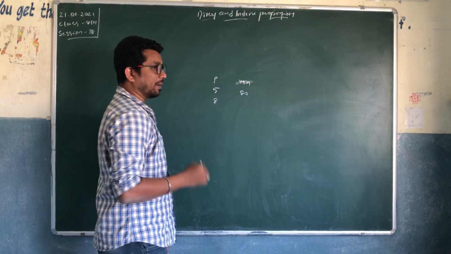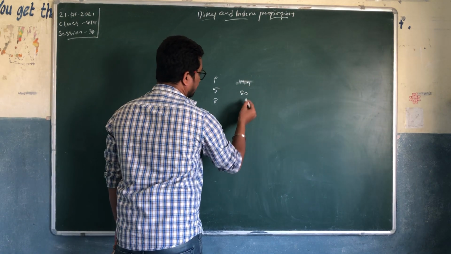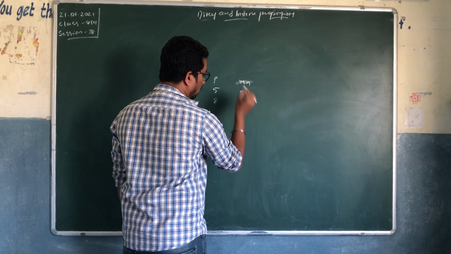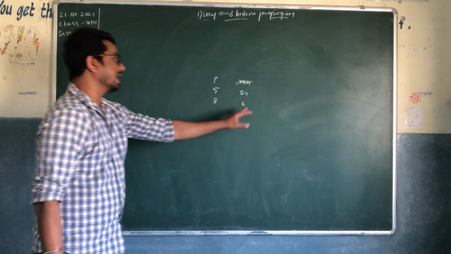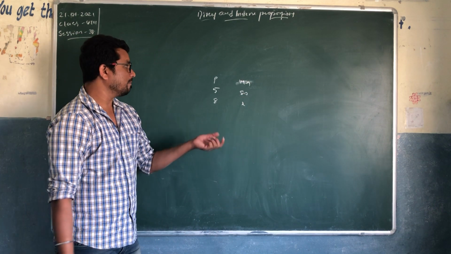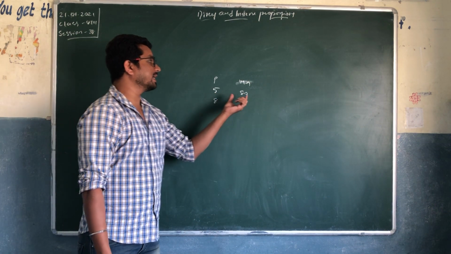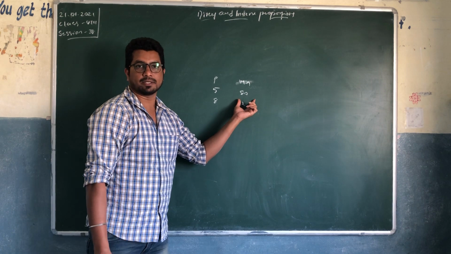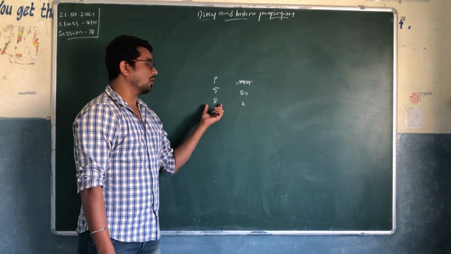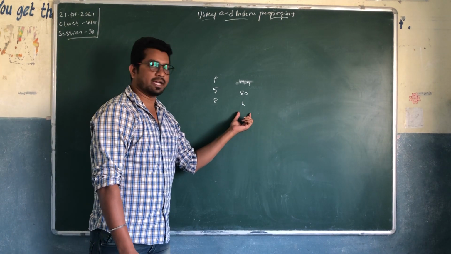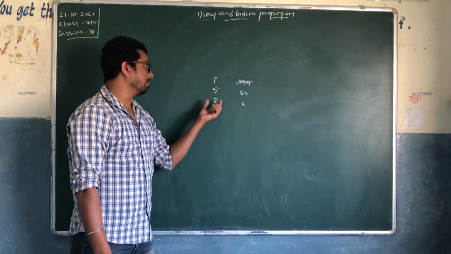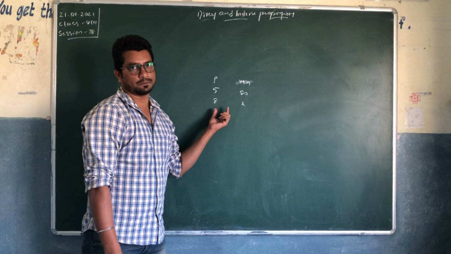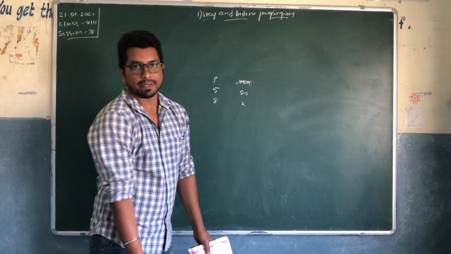If the pipes are increased, the time we don't know, so we are assuming it as x minutes. If 5 pipes take 80 minutes to fill a tank, how much time will it take if the pipes increase to 8? Obviously the time will be reduced.